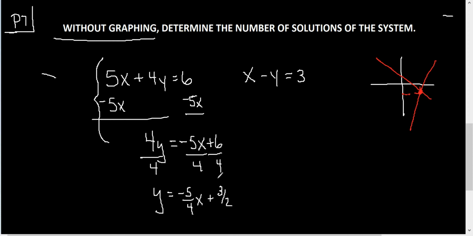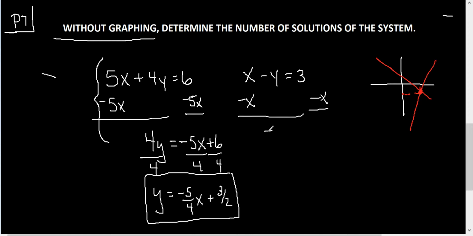Alright, so this side is done. Here I'm going to do the same thing. Can I subtract x from both sides? Negative y equals negative x plus 3. Get the y by itself by dividing everything by negative 1, and y equals x minus 3.